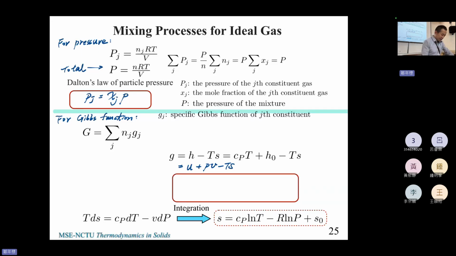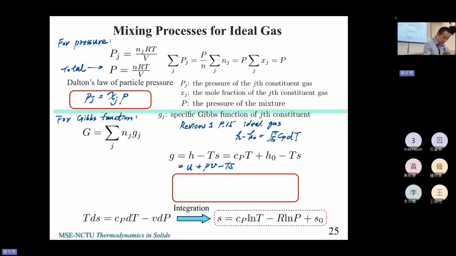Pressure is typically related to H. So when you see Review 1, page 15, for ideal gas, H minus H naught equals the integral from T naught to T of Cp dT.